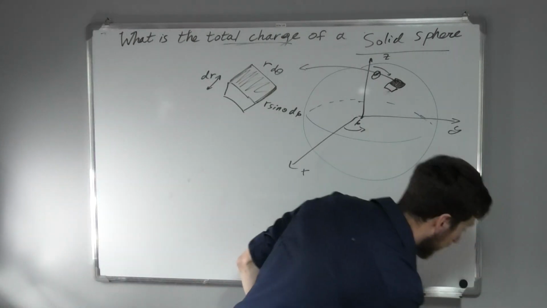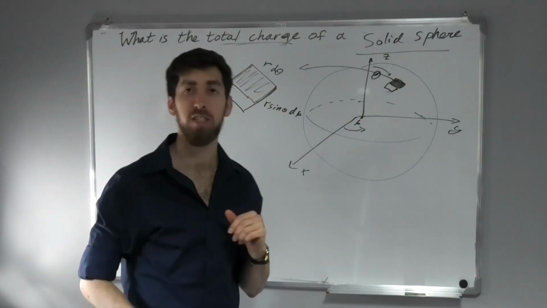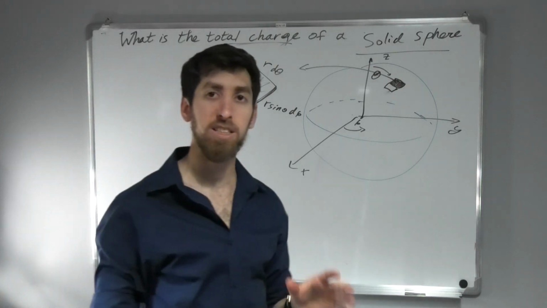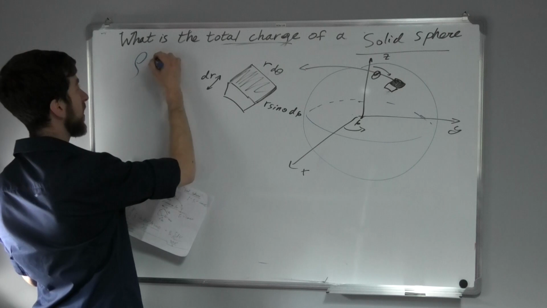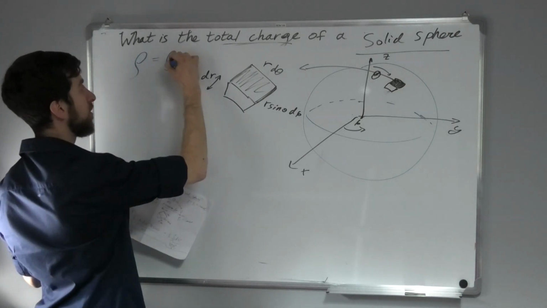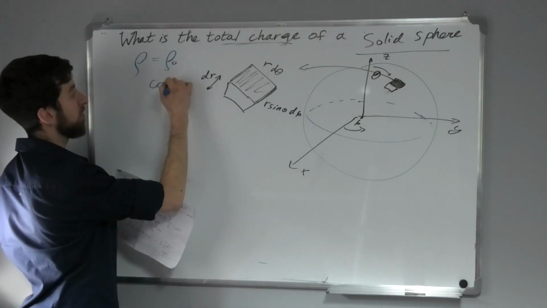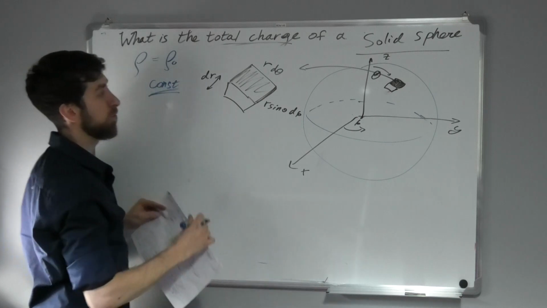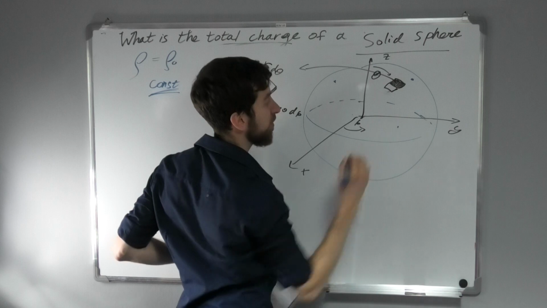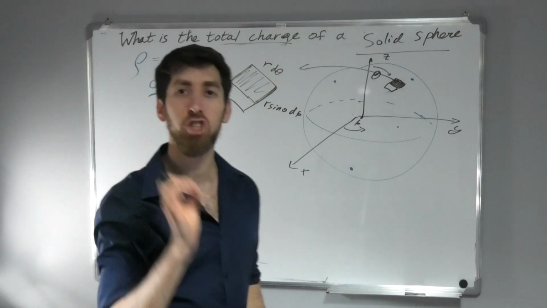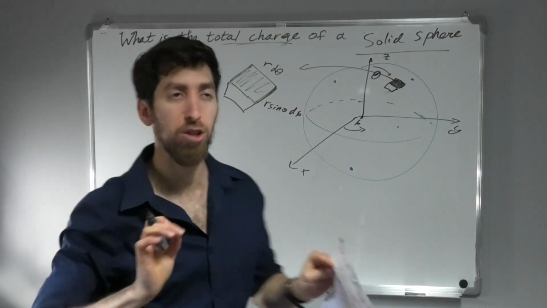And I didn't tell you, but the charge density of this sphere is the simplest that you can think of, it's a constant, which means rho equal to rho 0, no variables, which means in this location, whatever you want, there's the same charge. Okay, there's the same charge distribution.